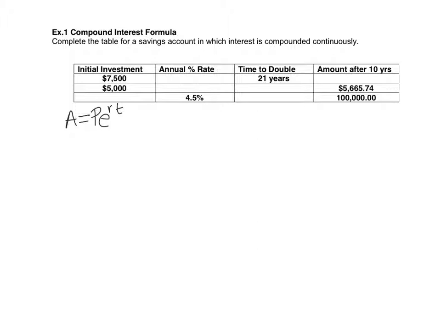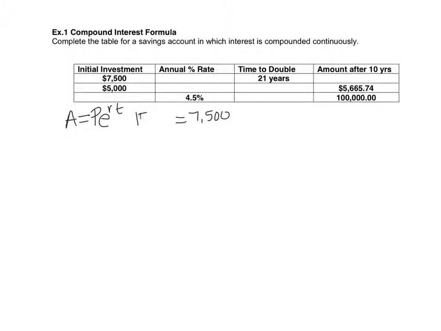If my initial investment is $7,500, that's going to be my principal, my P. Now, if I am looking at doubling, all you're going to do is double that $7,500, and that gives me $15,000.